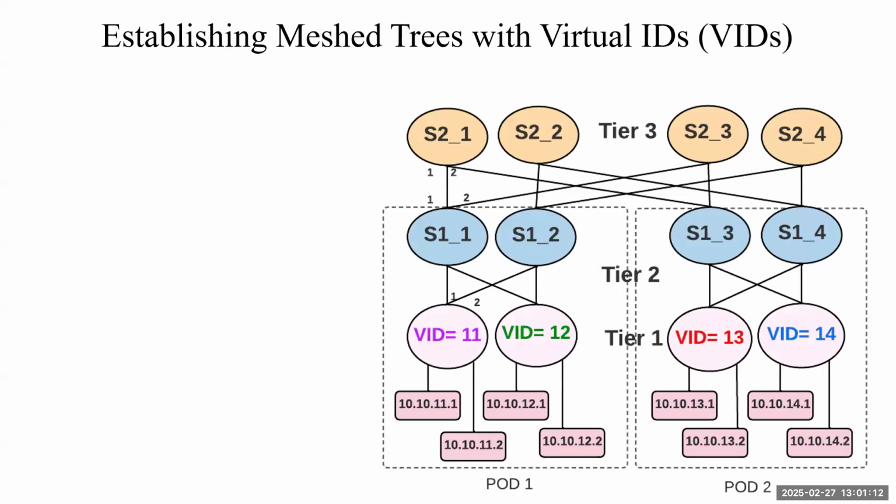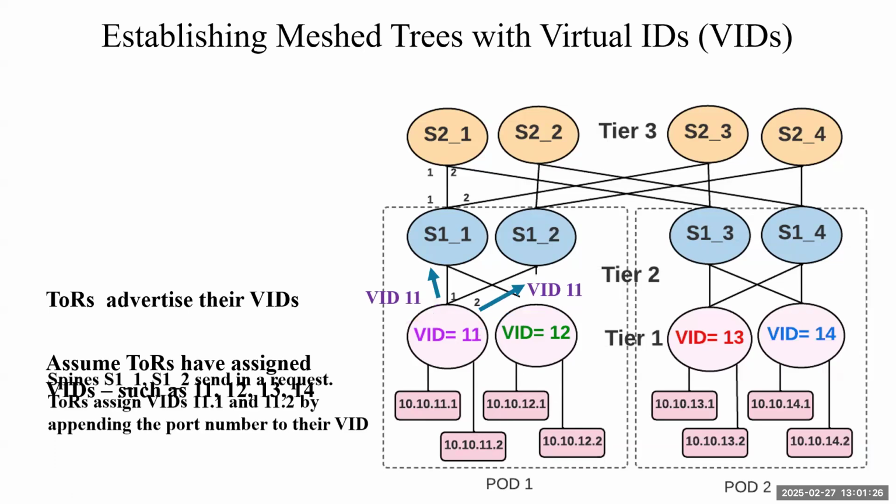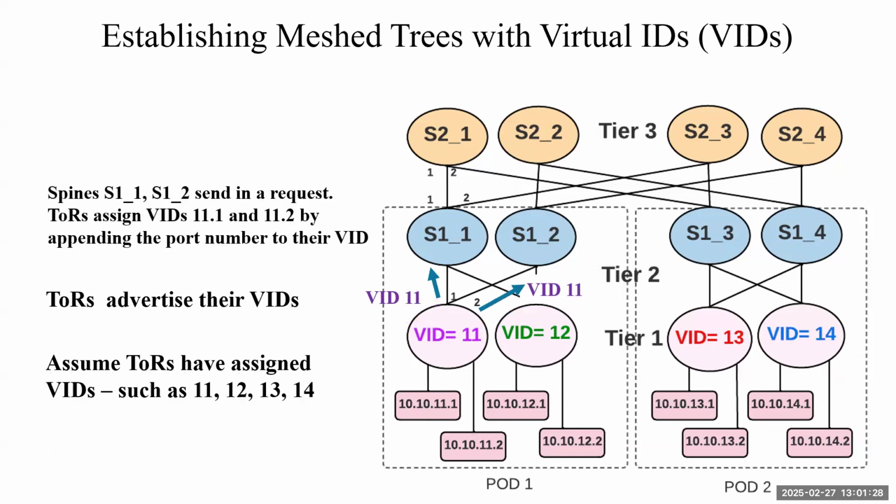So let us see how MR-MTP sets up routes using virtual IDs. The TORs have a VID derived from the subnets. So you see 11, 12, 13, and 14. TORs advertise their VIDs, and the next tier spines request and get a VID assigned, which is an extension of the TOR VID appended by a port number.